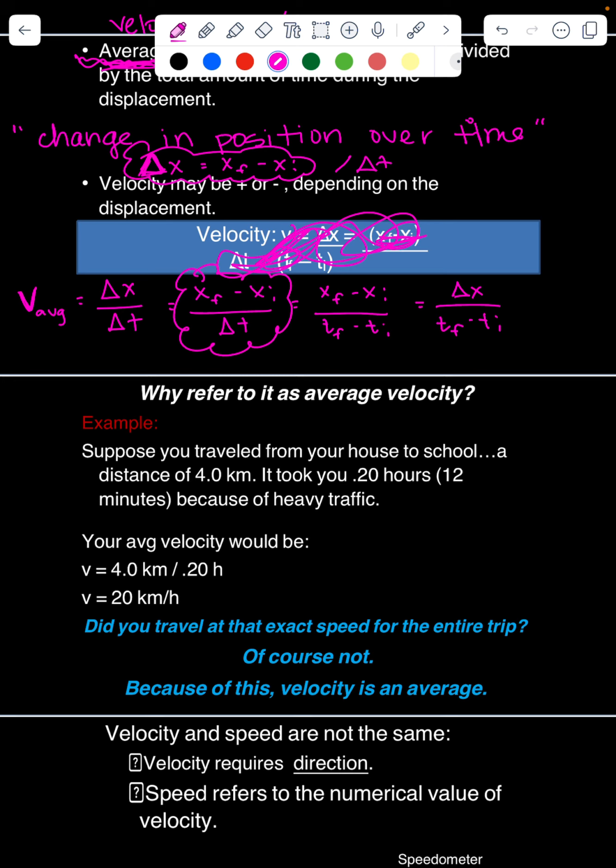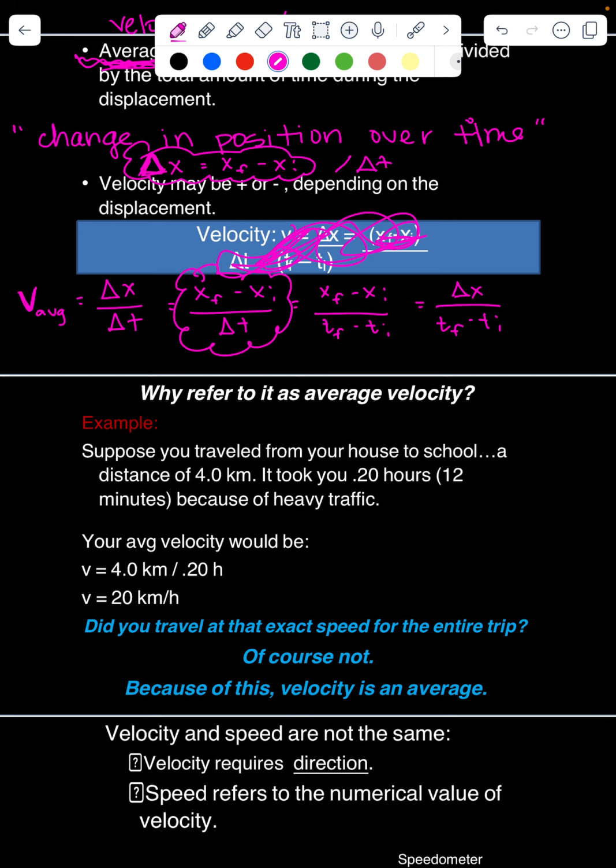Well, that does not mean that you went 10 miles per minute the entire way here. No, you probably slowed down to let a turtle cross the road, or you stopped at a red light, or you had to slow down behind somebody who was going slow. So it does not mean that you traveled that speed the entire time.